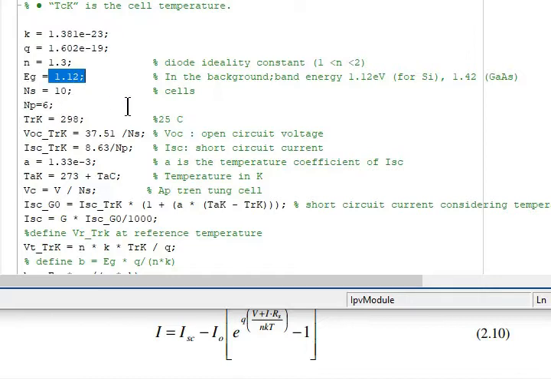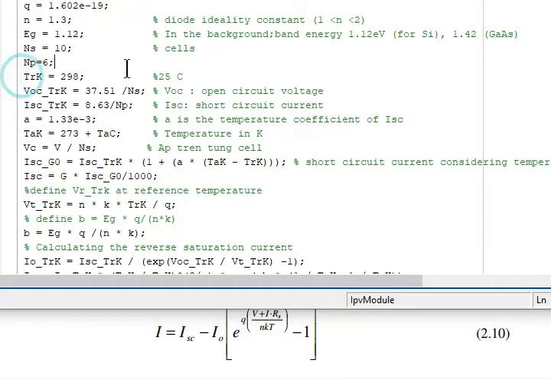So the PV model that we are simulating has 10 cells in series, and in parallel there are 6 arrays. The reference temperature is 25 centigrade, converting into Kelvin 298. Open circuit voltage of a cell will be the open circuit voltage divided by the number of series cells.